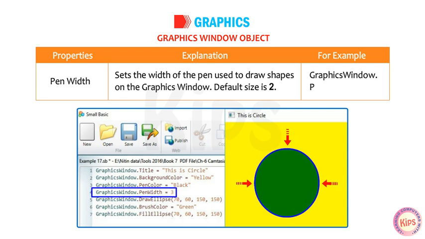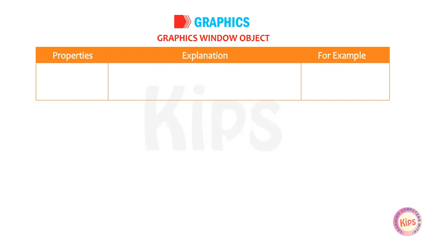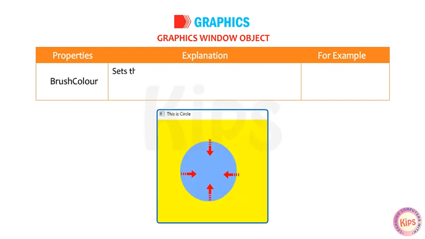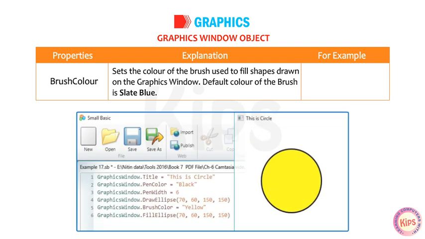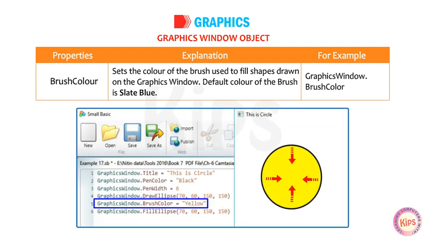GraphicsWindow.PenWidth = "3". Brush color. Sets the color of the brush used to fill shapes drawn on the graphics window. The default color of the brush is slate blue. GraphicsWindow.BrushColor = Yellow.